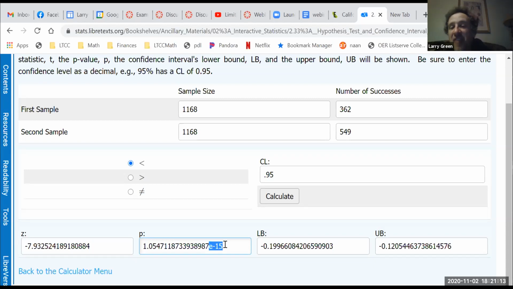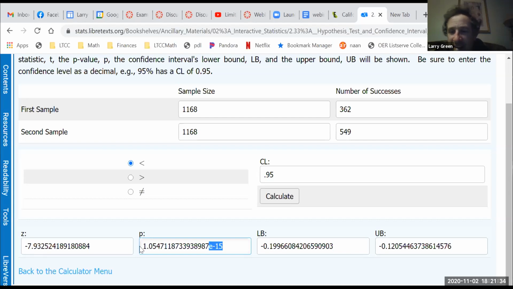Yeah, this will zap you on the exam, by the way, if that happens to you. Because you'll get the exact wrong answer. Exact opposite. So E negative 15, that means there are 14 zeros before this one. The p-value is about as close to 0 as it gets.